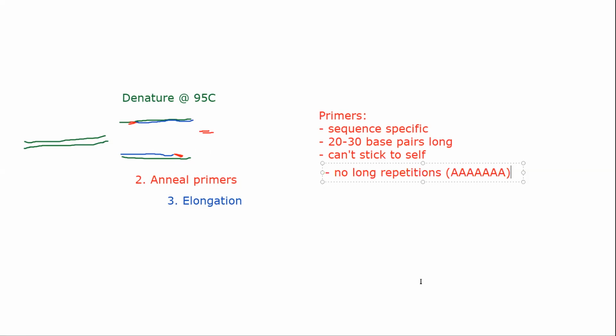Also, you would want to have a balance of the number of C's and G's versus A's and T's. Because of the ATs having 2 hydrogen bonds and CGs having 3 hydrogen bonds, you need them to be able to stick and break apart at the right temperature.